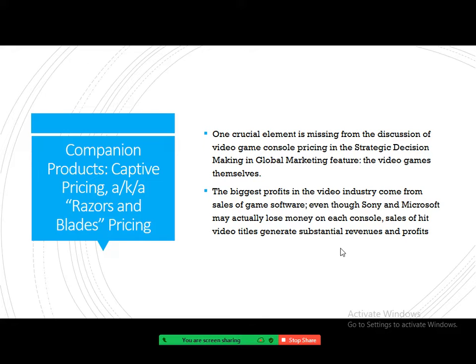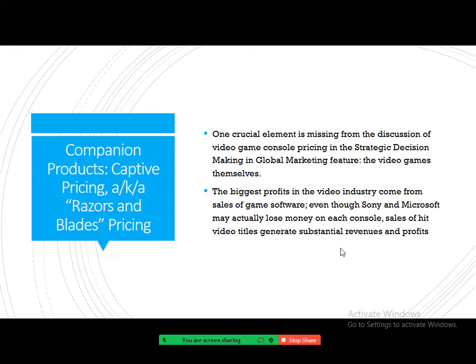Over a period of years, the company will make significant profits from selling the package of replacement blades. As the saying goes, if you make money on your blades, you can give away the razors. So that means if your blades are selling, then you can give free razors to the customers. That is just one example.